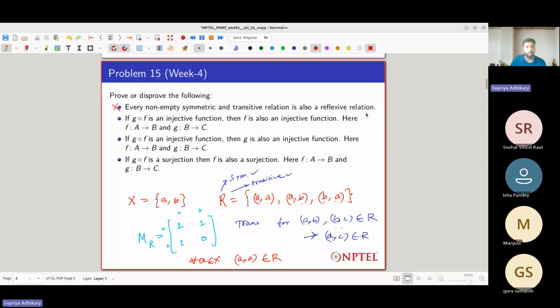Okay. So the second statement is that if g of f is an injective function, then f is also an injective function. Here f and g are given as mappings from A to B and B to C respectively.